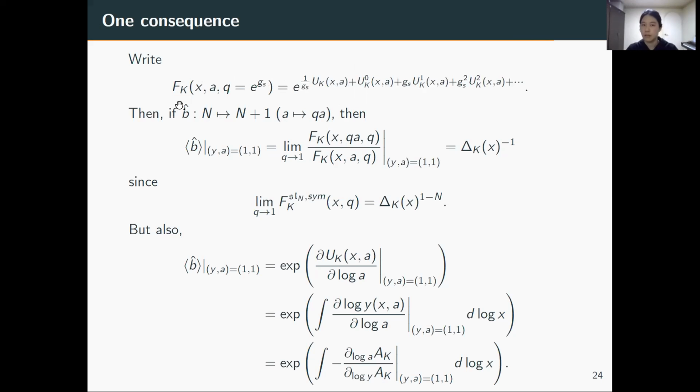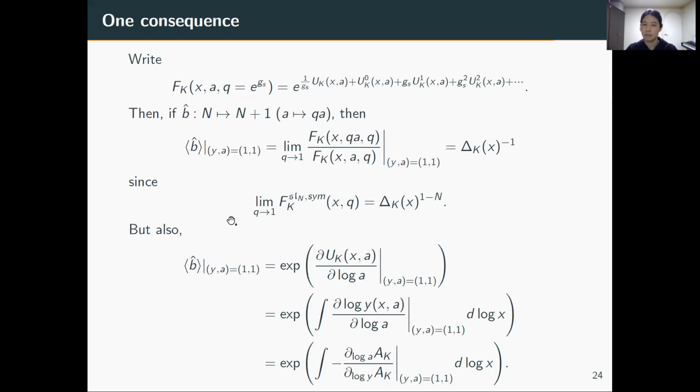And let's say b-hat is an operator sending n to n+1, or equivalently, an operator shifting a to q times a. Then the expectation value of this operator b-hat, at y equals 1 and a equals 1, is by definition the classical limit of the ratio between F_K with a shifted by q and F_K. And it is 1 over the Alexander polynomial.